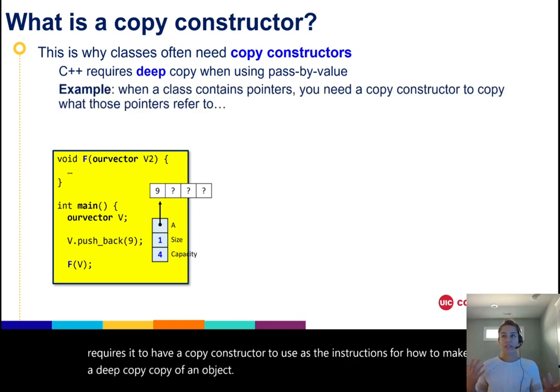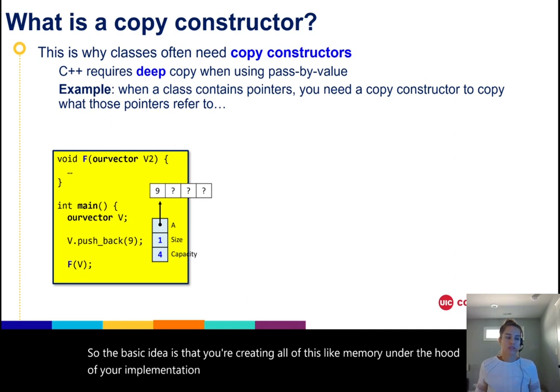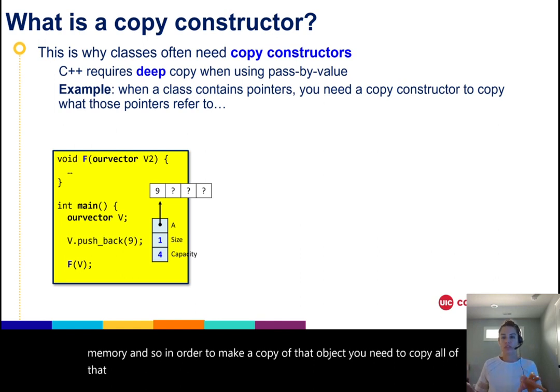The basic idea is that you're creating all of this memory under the hood of your implementation, and a lot of that memory is pointers to heap allocated memory. So in order to make a copy of that object, you need to copy all of that memory so that there's two instances of it.